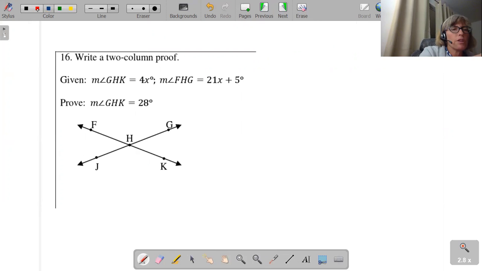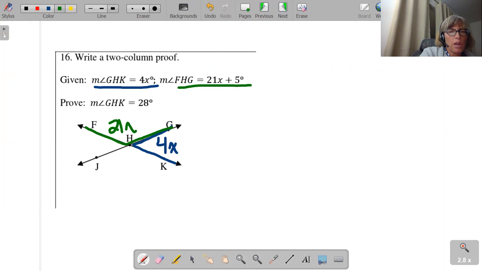We are given angle GHK is 4x, and we are given angle FHG is 21x plus 5. And with this given information, we're trying to prove that angle GHK is 28 degrees. So 28, question mark.